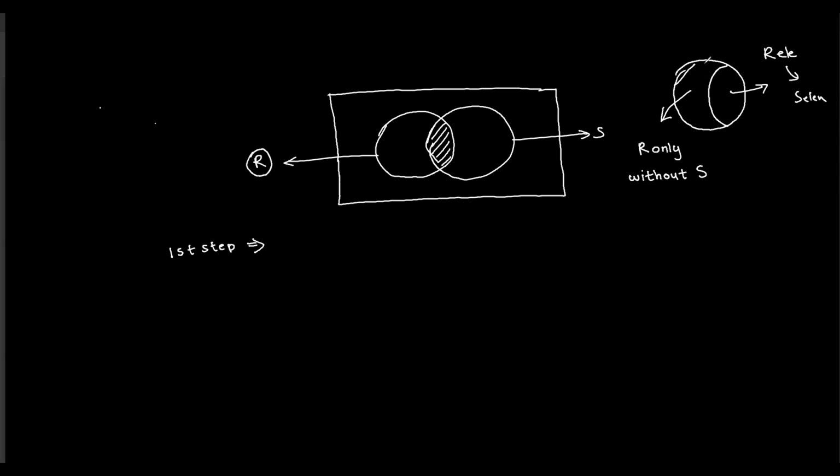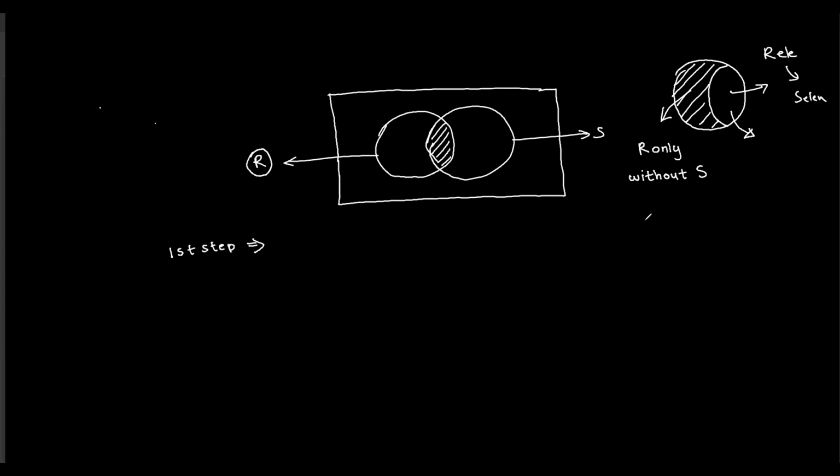If I can extract this specific area using relational algebraic operations, don't you think I can use set difference to retrieve it? By set differencing, this is R only without S.